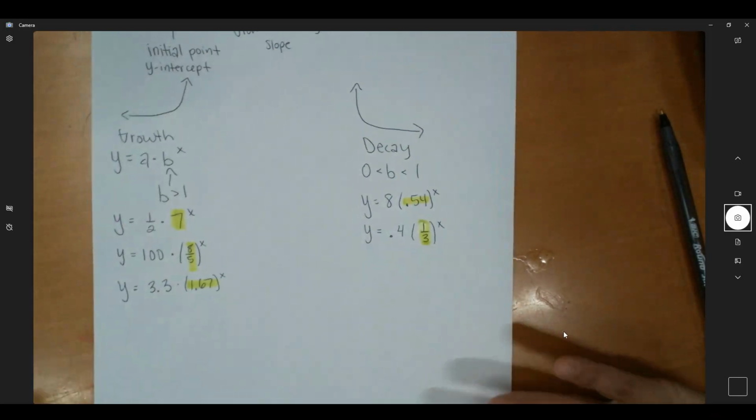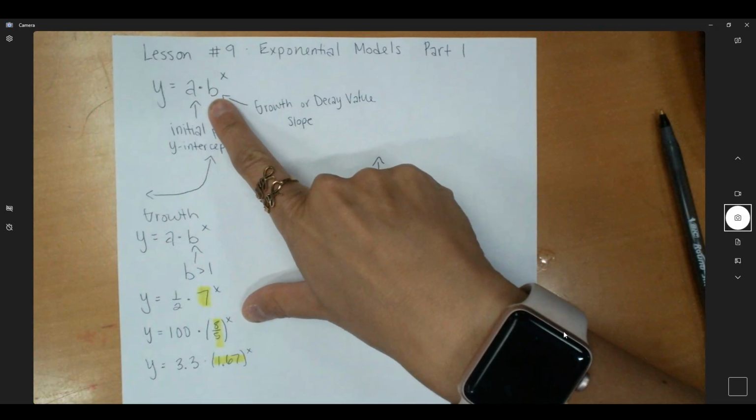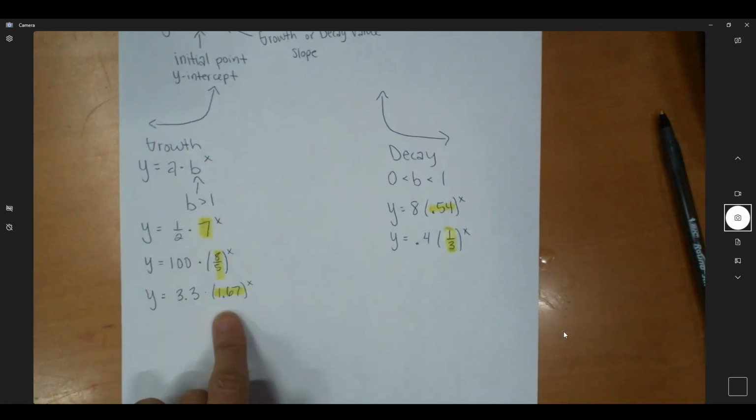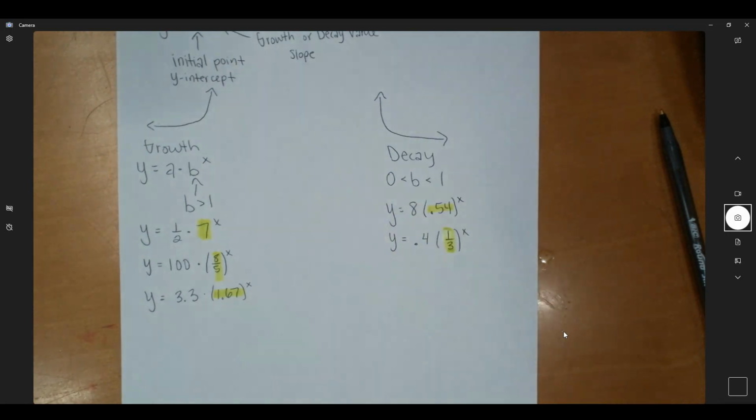It means the same thing. And you need to be really good at recognizing that if two things are next to each other, if they're using parentheses or if they're using a dot, they're being multiplied by each other. So when it comes to growth and decay, we look at the b value, which is your number that's attached to the x. And that determines if it's growth, if it's greater than 1, and decay if it's between the two.